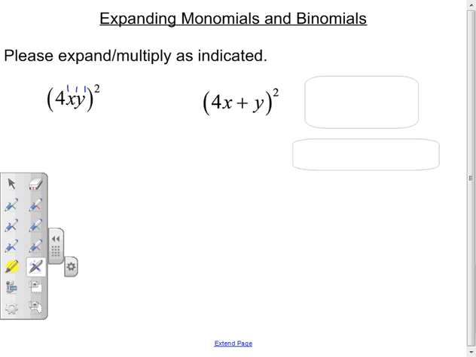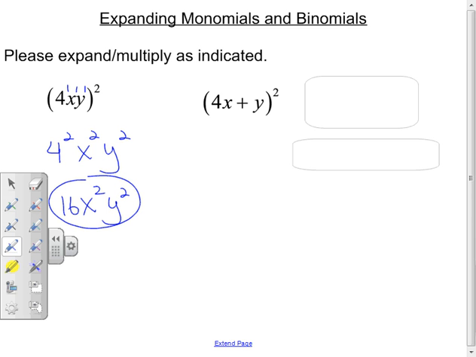So if I look at the smart pen here, we see that we're going to multiply the 1 times the 2, and the 1 times the 2, and in fact, the 1 times the 2. So in all those circumstances, I'll write the base. So it's 4 to the 1 times 2, x to the 1 times 2, y to the 1 times 2. So that being said, it's just quite easily 16x squared y squared.